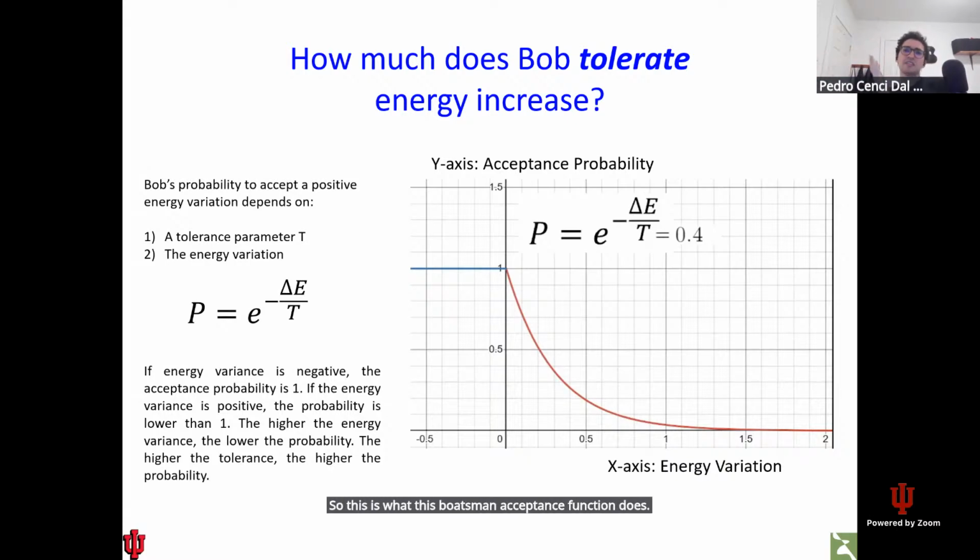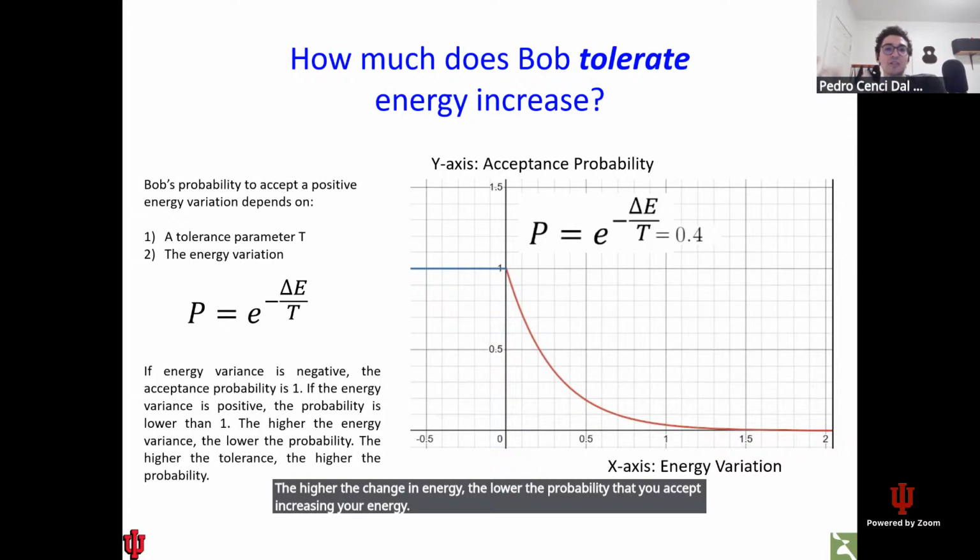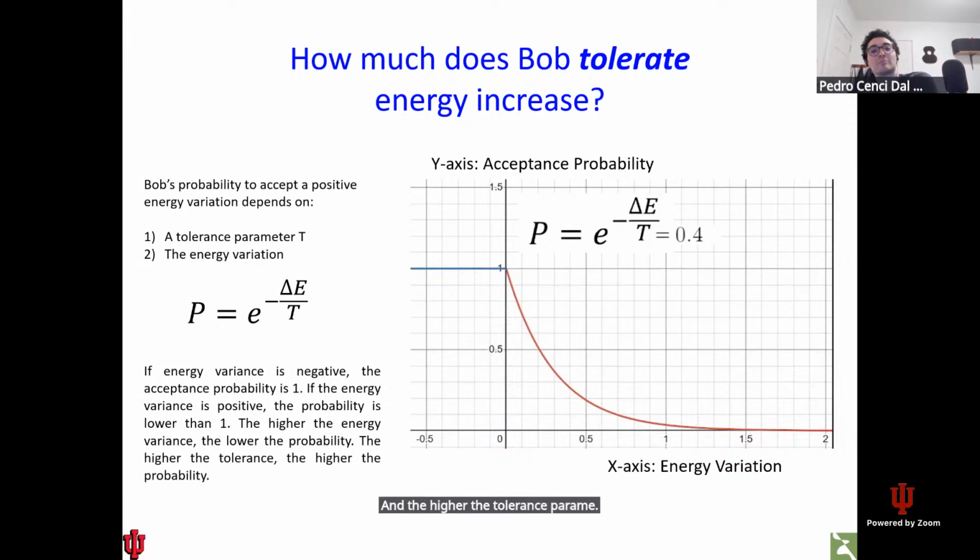If your energy is negative, so if your energy decreases, you have a 100% chance of accepting it. And if your energy change is above zero, then you have a probability that is less than 1 of accepting this change. The higher the change in energy, the lower the probability that you accept increasing your energy. And the higher the tolerance parameter, the higher the probability that you accept this change.